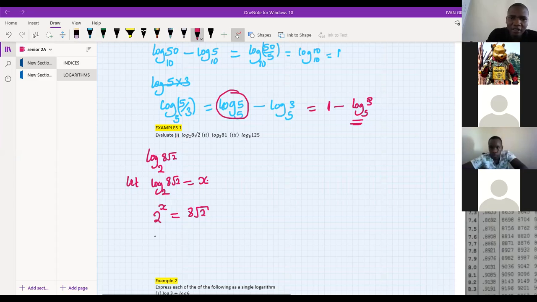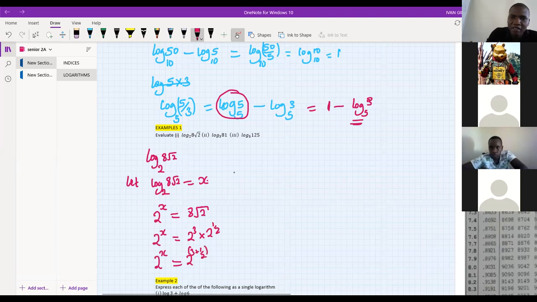So 2 to the power of x is equivalent to 2 to the power of 3 times 2 to the power of half. According to indices, when you're multiplying two numbers with the same base, you add their powers. So this becomes 2 to the power of 3 plus a half.